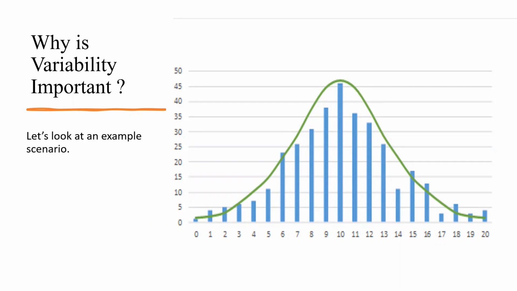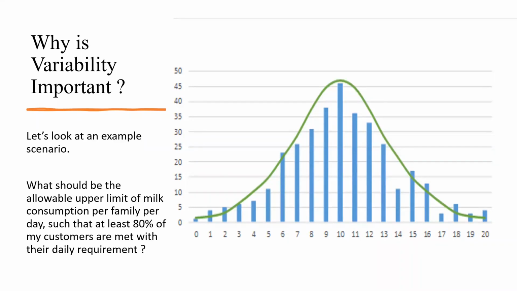Now you have to answer, let's say, a question like, you need to put an upper threshold on how much a family can consume per day, so it should not exceed that. How much should I set the upper limit so that 80% of all my customers are met with their daily requirement? That is the question that we can think of answering.